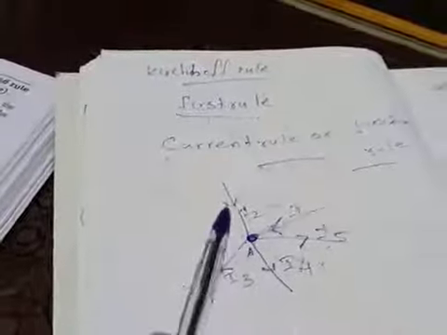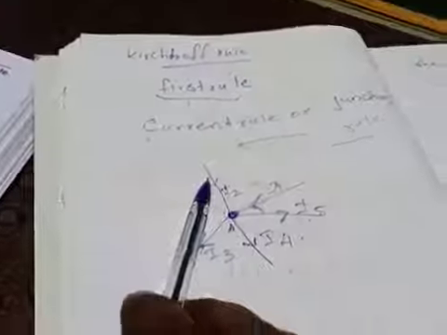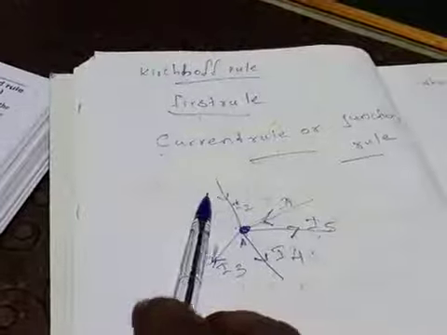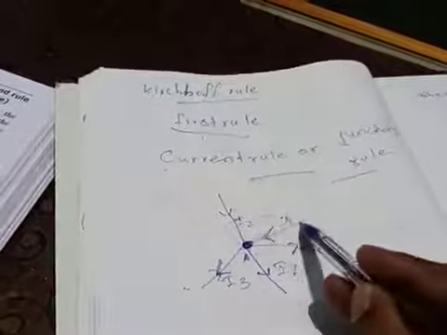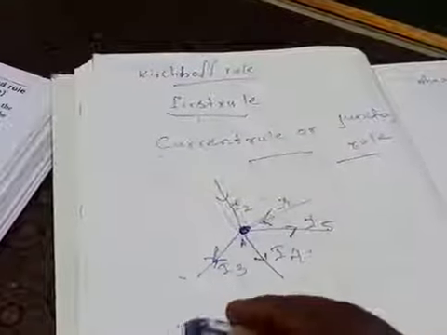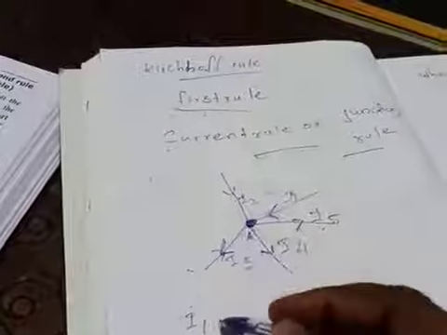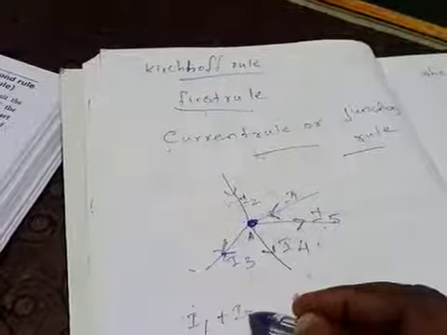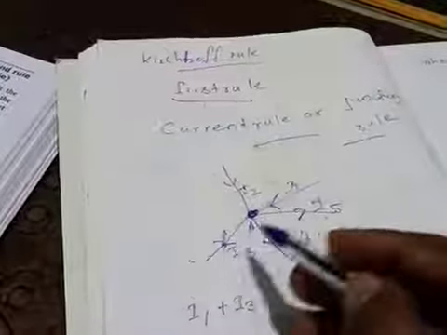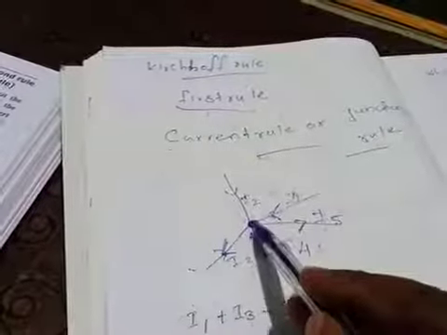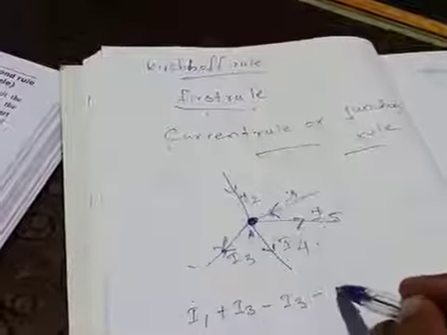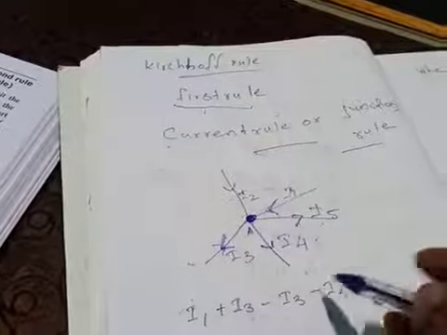Let us apply this Kirchhoff's first rule on this junction A. I1 is moving towards, so plus I1. I2 is moving towards the junction, plus I2. I3 is going away from the junction, minus I3. I4 is going away, minus I4.